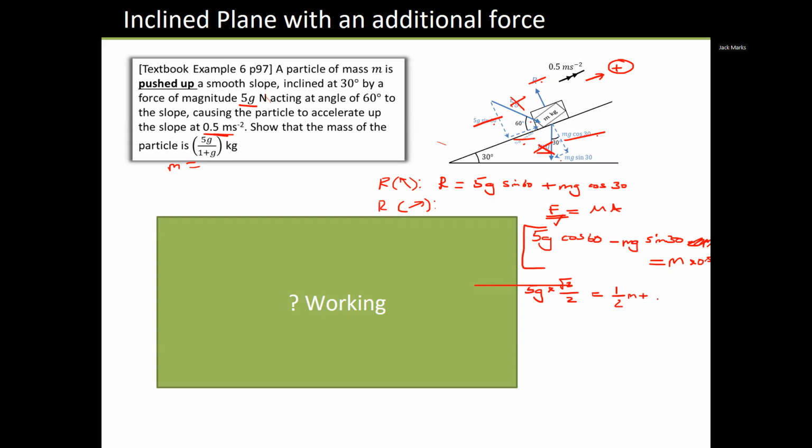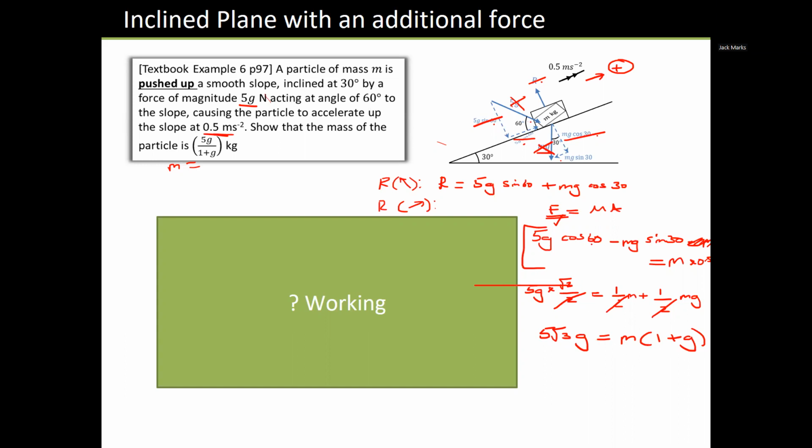So sine 30 is a half, so that's really just a half mg. If I multiply both sides by 2, then that one's going to disappear, that one's going to disappear, that one's going to disappear. And I could factorize m as well at the same time. So let's do all of that. So 5 root 3g equals, and I was factorizing m, wasn't I? So m, and then that's 1 plus g.